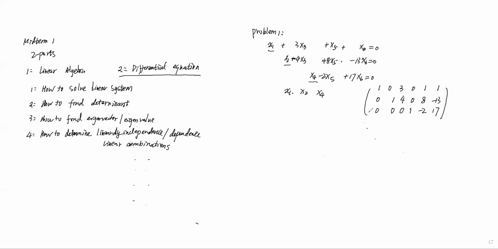These are the leading terms, and the rest are free variables: x3, x5, x6.